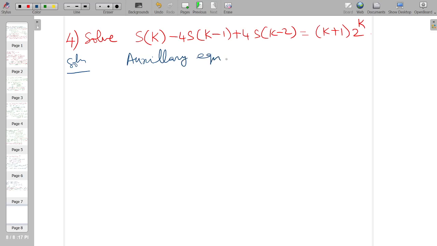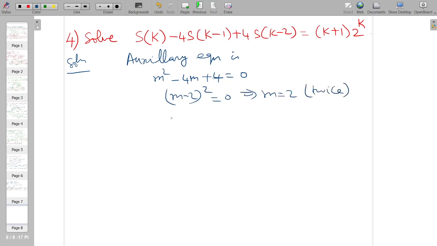The auxiliary equation is m squared minus 4m plus 4 is equal to 0, or (m minus 2) the whole squared will be 0, or this gives you m is equal to 2 twice, and therefore your s(k) homogeneous form would be (c_0 plus c_1 k) into 2^k.